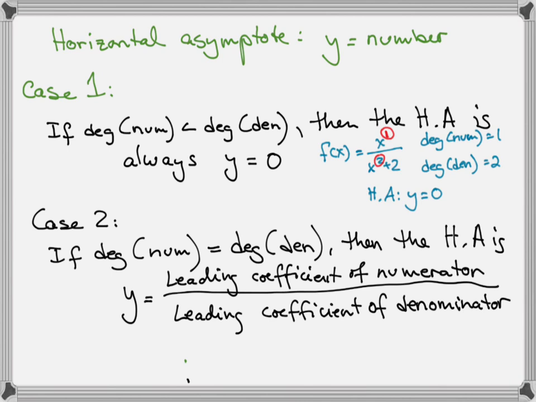That's the first case. The second case is if the degree in the numerator is equal to the degree in the denominator. Then the horizontal asymptote is the leading coefficient of the numerator divided by the leading coefficient of the denominator. And I'm going to give you an example in a second.